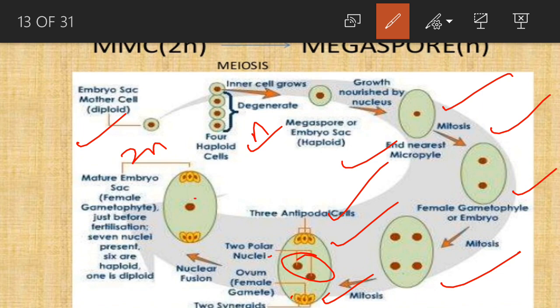Polar nuclei will fuse to form the diploid polar nucleus. Then these are the antipodal cells, and again the synergids and the egg nucleus. So this diagram shows megasporogenesis in the angiospermic plants.